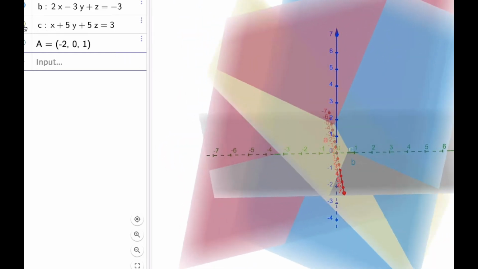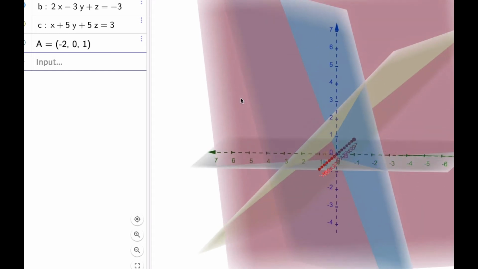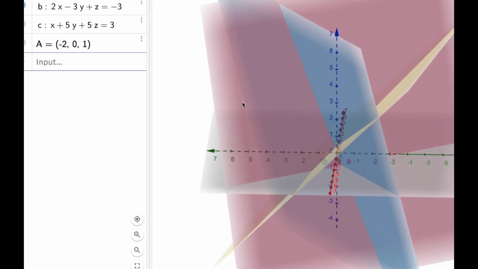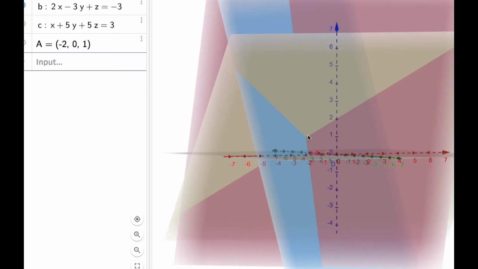And finally, I'm going to put the yellow graph on there. And you can see that they all intersect at a common point. And it is right there, the point, right here. And if I show it here, here's a point, -2, 0, 1. And so three planes can intersect in a point.